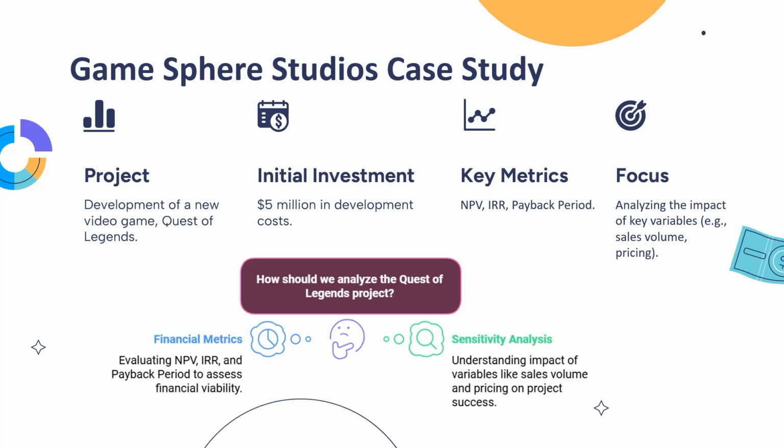In our example, if the internal rate of return of our game, Quest of Legends, is 15%, and the company's required rate of return is 10%, the project is financially attractive because we gain 5%. But if it was lower, that may not be attractive. If it was, say, 5%, we're actually losing.